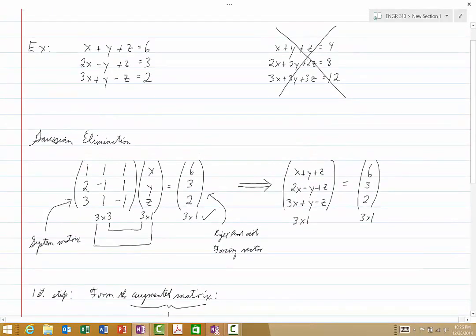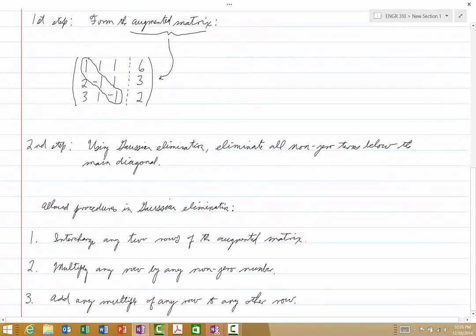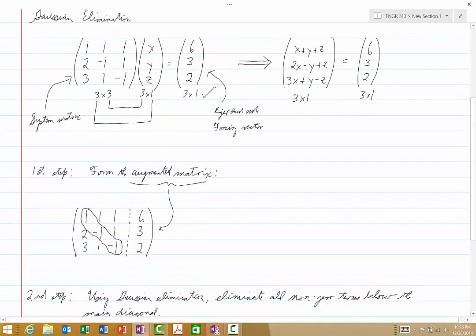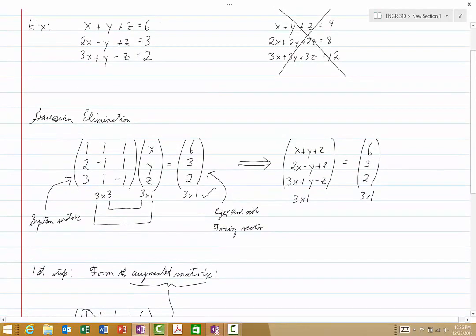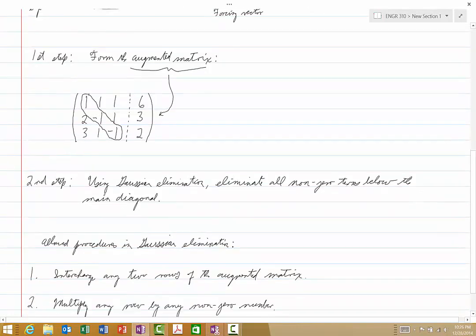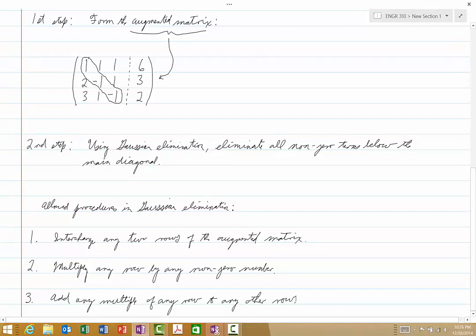The second equation, 2x minus y plus z equals 3, is represented by 2, minus 1, 1, 3. And the last equation, 3x plus y minus z equals 2, is represented by this last row, 3, 1, negative 1, 2.